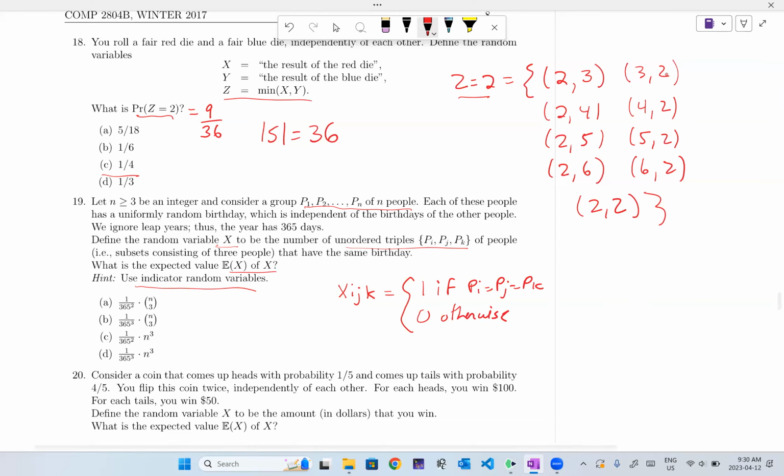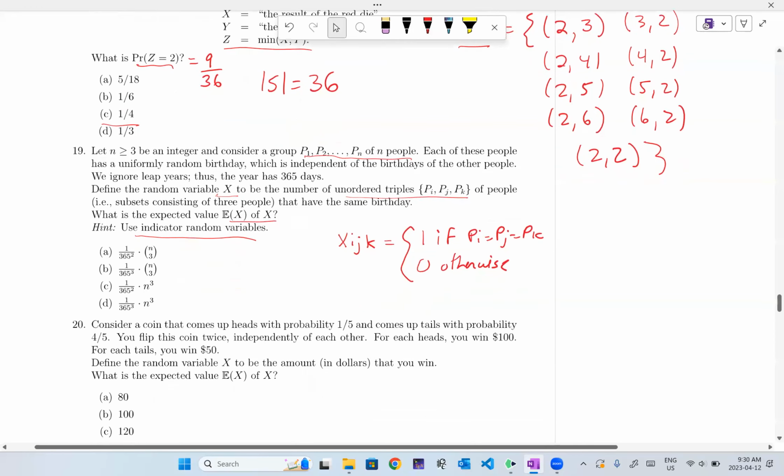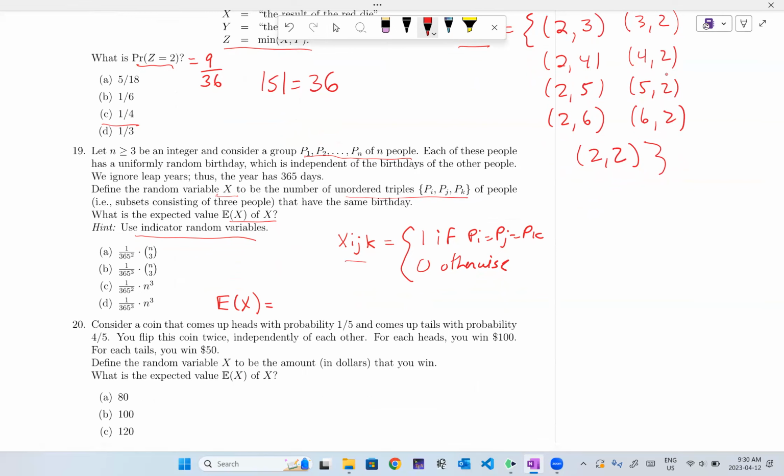So now, indicator random variables, there are basically two main questions you need to ask. We're going to use linearity of expectation. My variable X is equal to the sum of all of my indicator random variables.